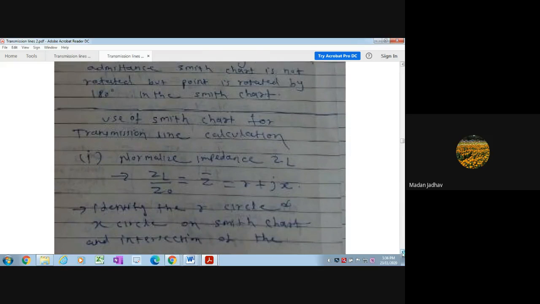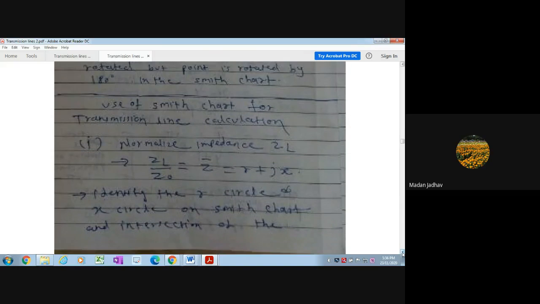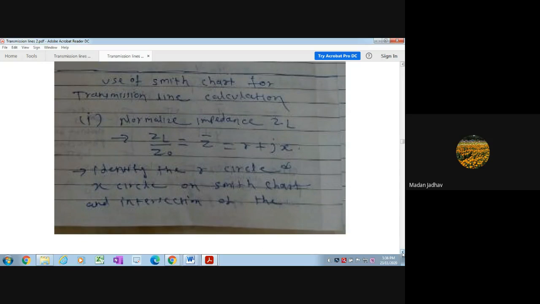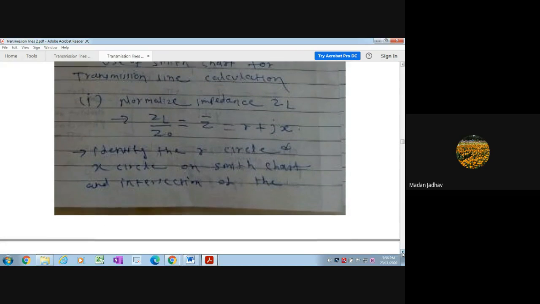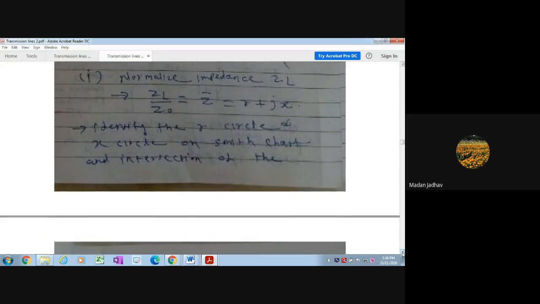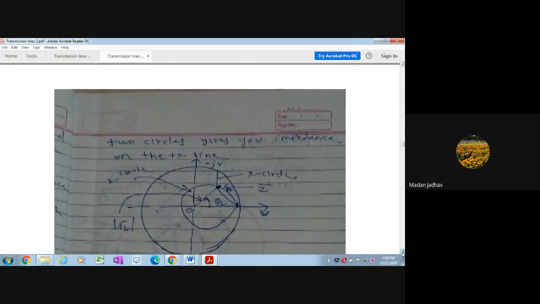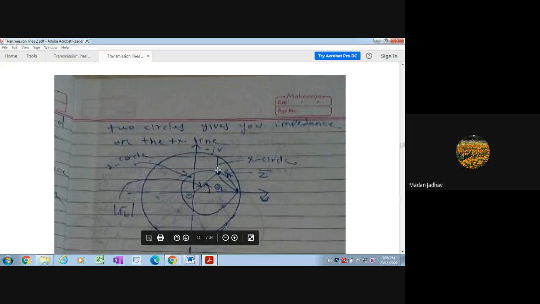Now here is one example: use of the Smith chart for transmission line calculations. First of all, you have to normalize the impedance. Then you will get R plus jX. Two circles give the impedance. Here you can see that this is the X circle and this is your R circle, and this is the point of intersection.